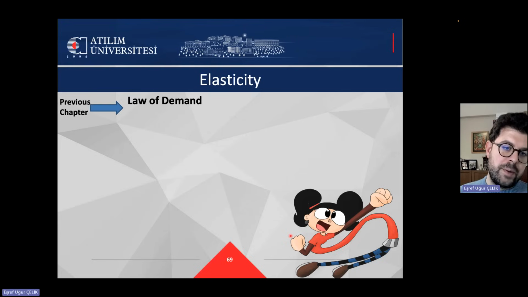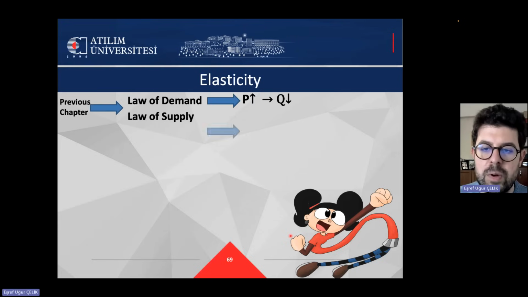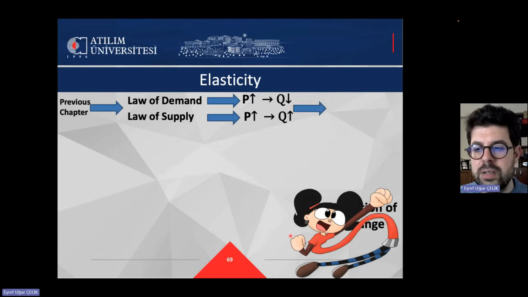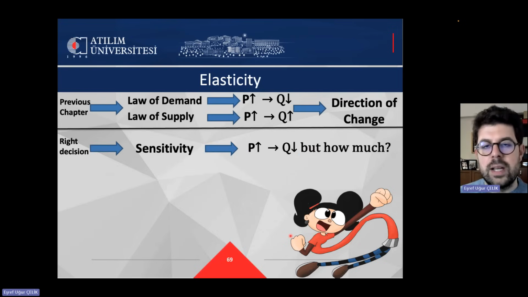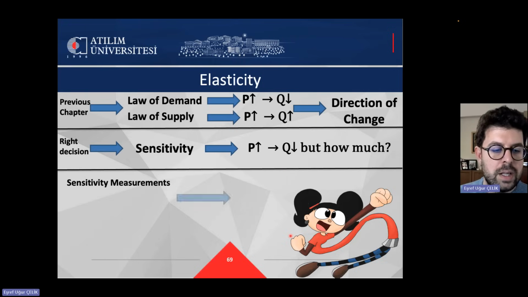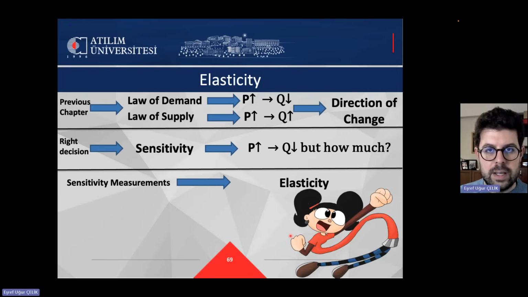As you saw in previous chapters, we see the relationship of price and quantity changes, but how much can these quantity changes occur? To understand how much it can change, we need to make some sensitivity analysis, and that is called elasticity.